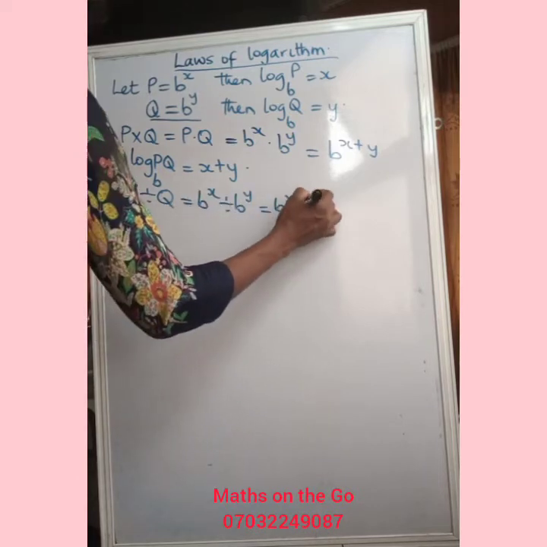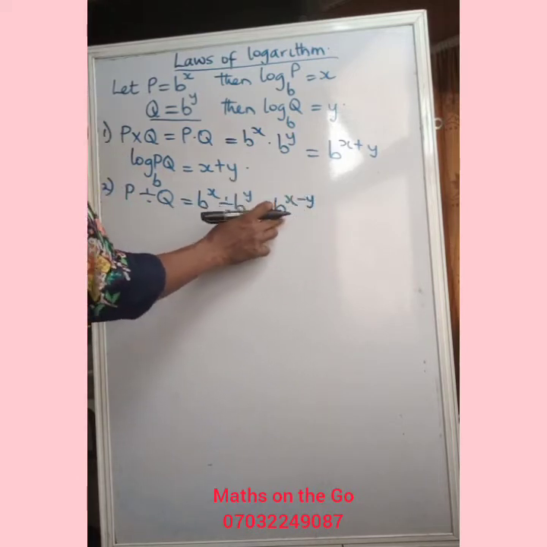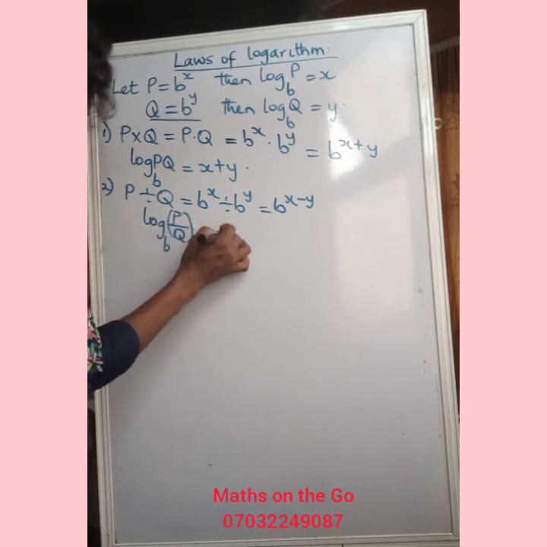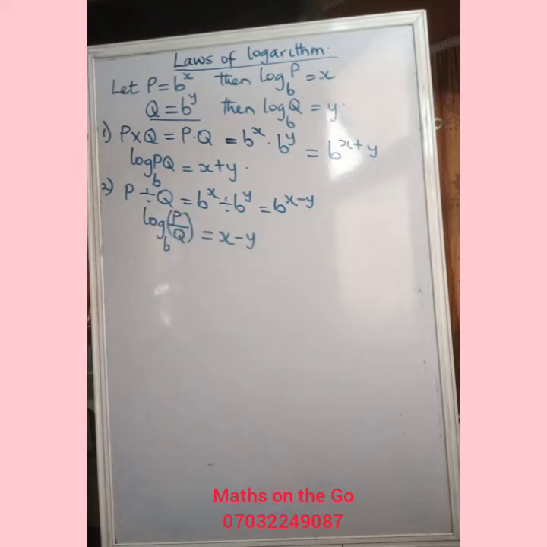So X minus Y. B raised per X minus Y. So log of, instead of writing P divided by Q, you can write P over Q base of B equals X minus Y.